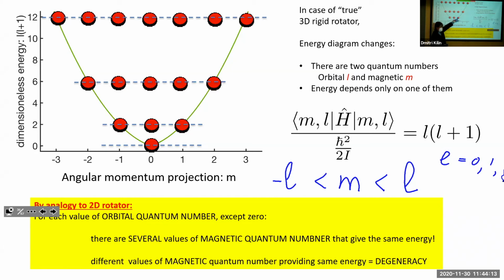For the first rotational state, it will be 3 degeneracy. Here 5, next 7. And one can write a simple equation to match the values 1, 3, 5, 7. So like 2L plus 1, right?